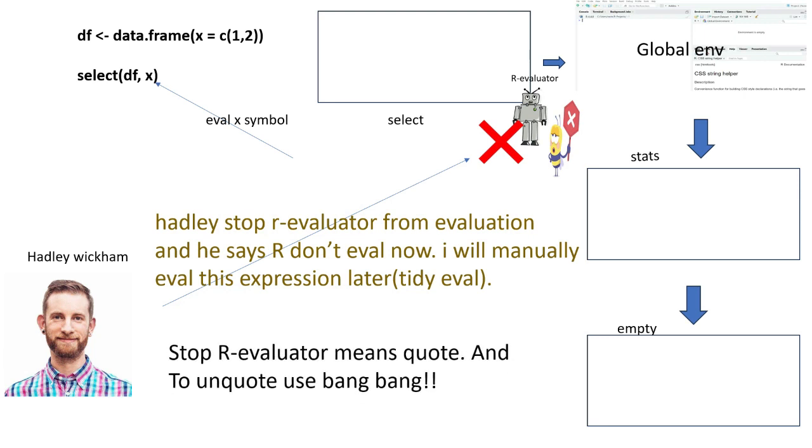Stopping the R evaluator means quoting. Here Hadley stops the R evaluator from the evaluation. That is called quoting. If you want to unquote this, we have to use the bang bang operator. And the bang bang operator I will explain in the next video. Thank you.